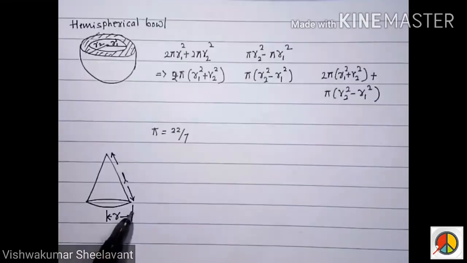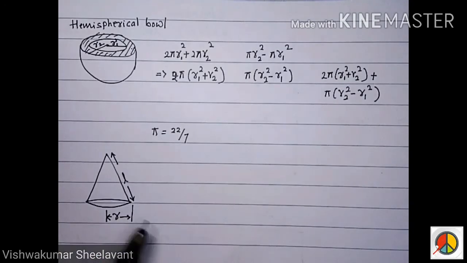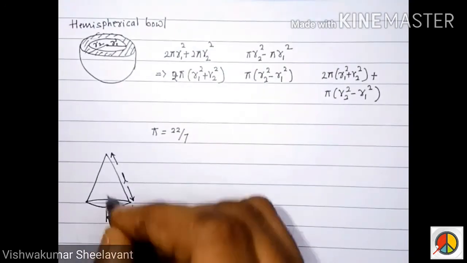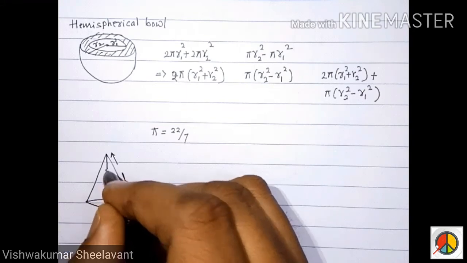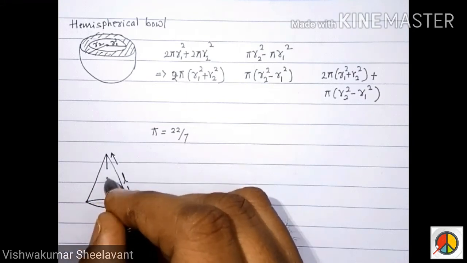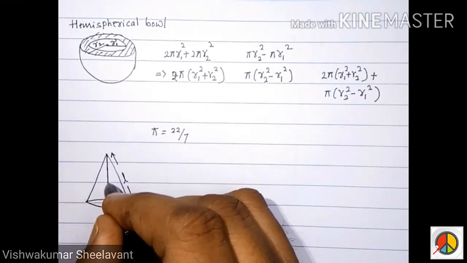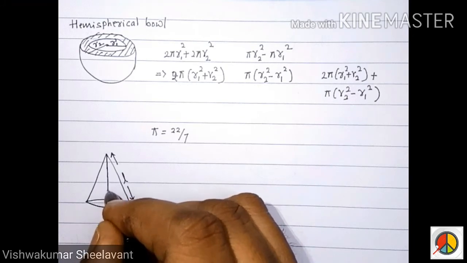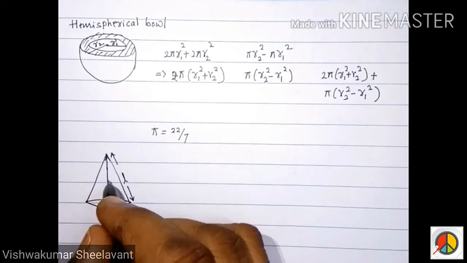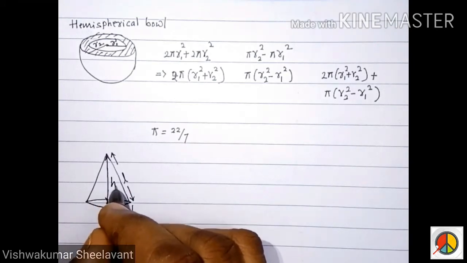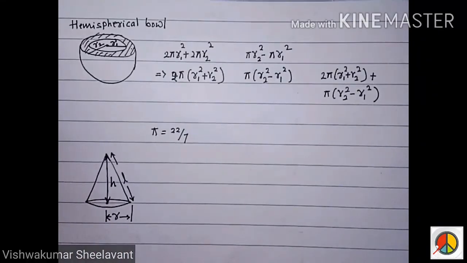The height here is called as slant height, and if we join the vertex of cone to the center of base, it is called as height or altitude of the cone.